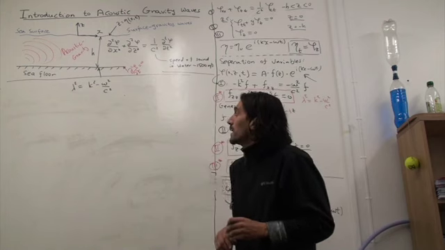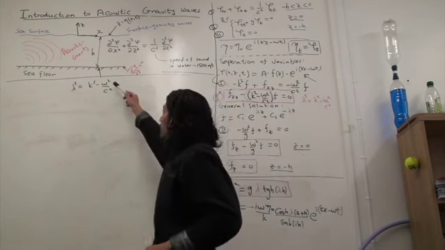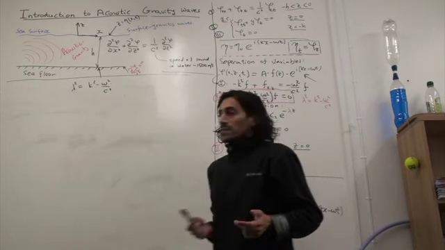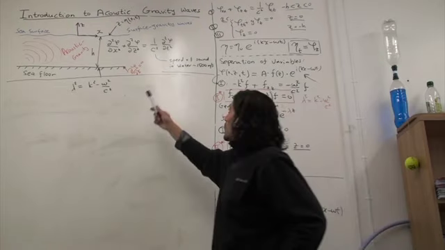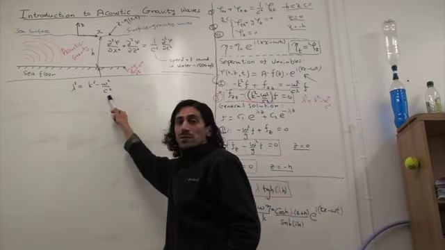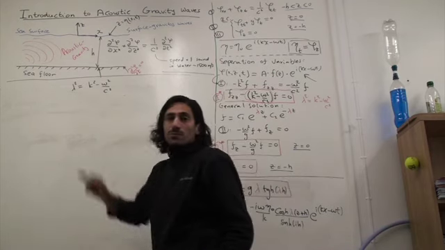It can be even order 1. The frequency can also be order 1. But c is 1,500 meters per second, and this is c squared, so this is a very large number down there. This whole thing is very small.